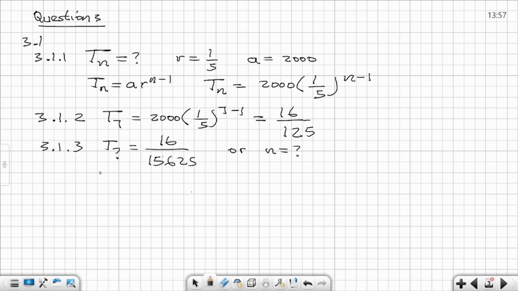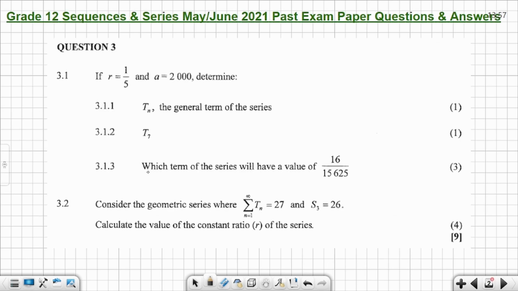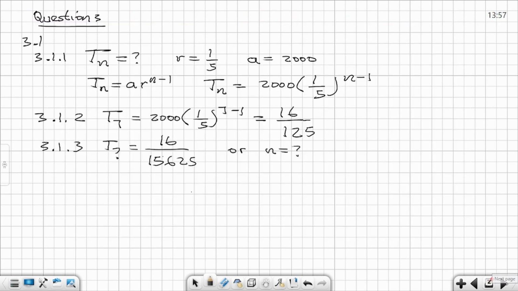You can see that. Now we're going to need this general term, the one we determined in question 3.1.1, to find the value of n. That is what the question is asking for. Question 3.1.3, which term of the series will have a value of 16 over 15625? So what we're going to do is use this general term.